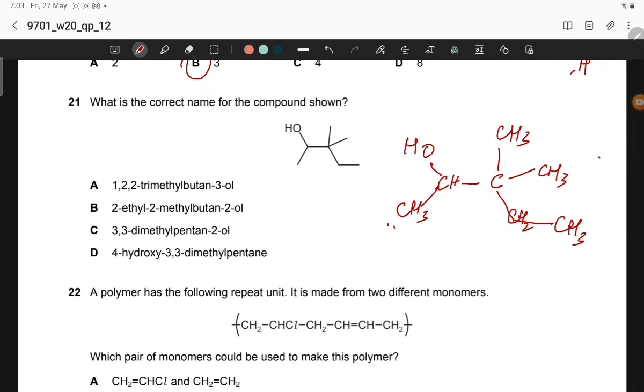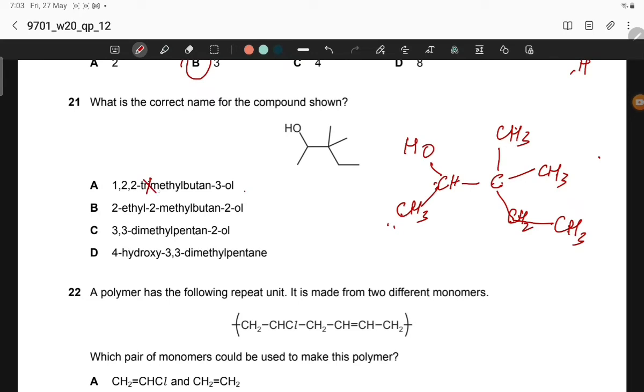This is the structure of this compound. So 1 2 3 4. This is 1,2,2-trimethylbutan-3-ol.